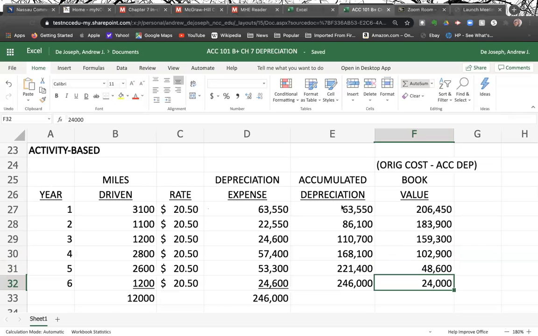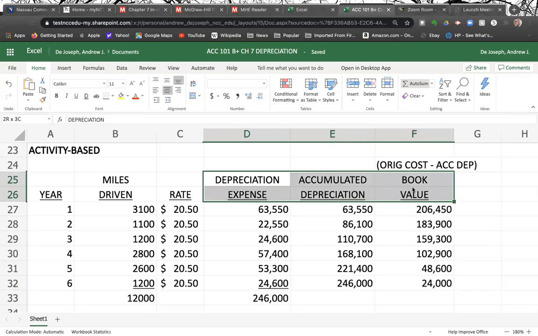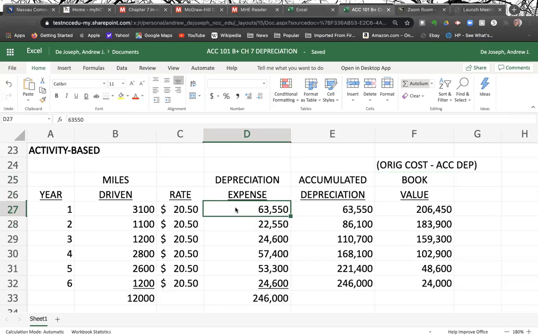All right. Now remember what Connect is asking for. It's asking for these three columns. So let me write these things down so I don't have to keep flipping back and forth.